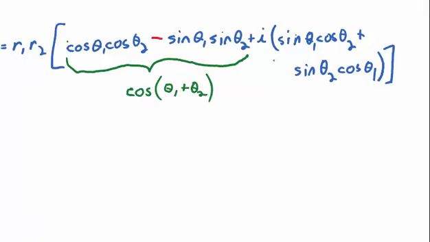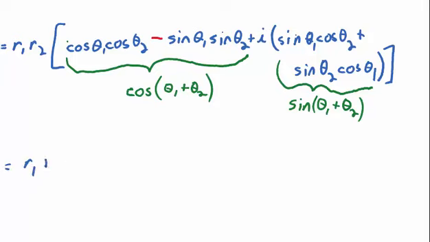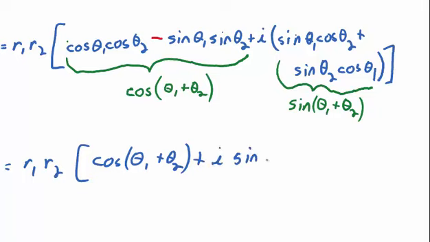And then this guy inside the parentheses here, that's another sum formula. What would it be? Sine theta 1 plus theta 2. So I'm going to replace all that with these two identities. R1, R2, cosine theta 1 plus theta 2 plus I times sine theta 1 plus theta 2.